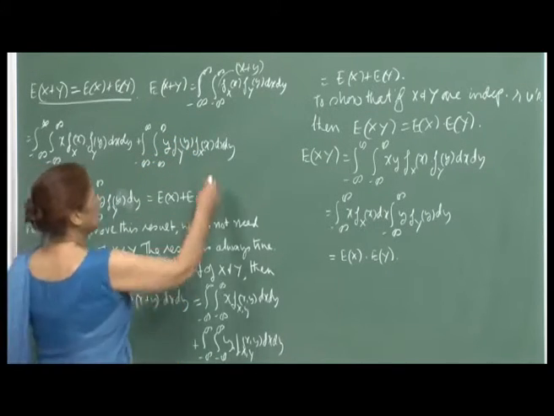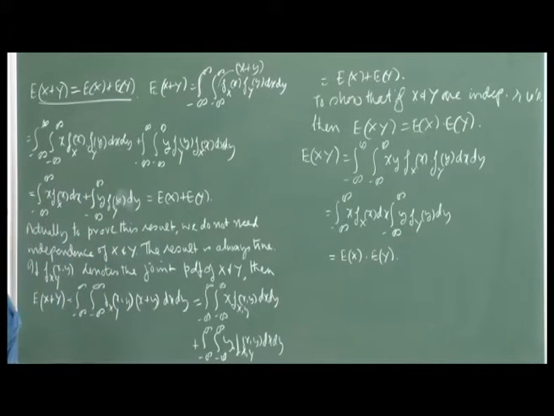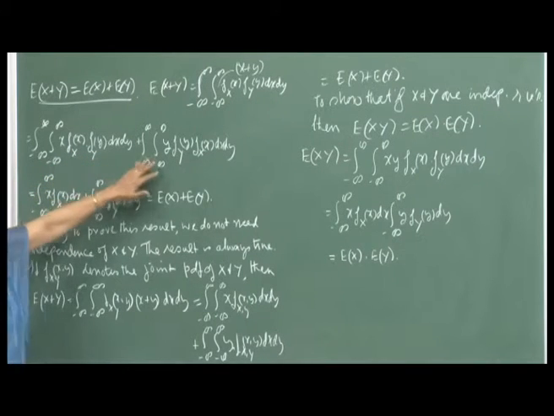Since I have written the joint density as the product of individual densities, one can separate out the integral. So, this will be x f_X(x) f_Y(y) dx dy, and here it will be y.